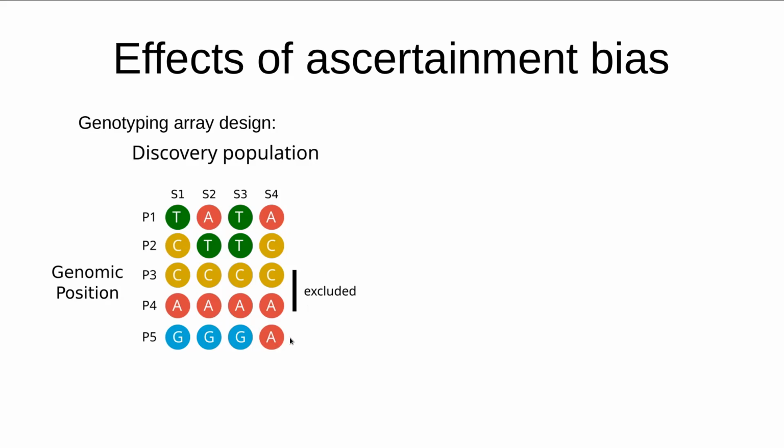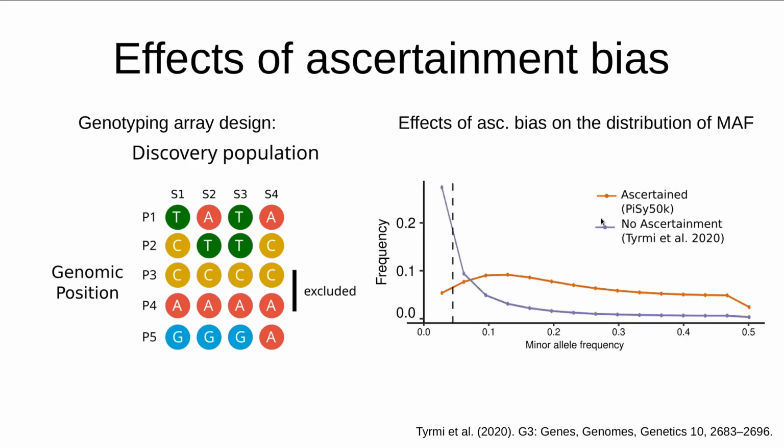So this pre-selection of genetic markers leads to an ascertainment bias, which leads to a distortion of the distribution of allele frequency. So here is an example. You can see the distribution of allele frequencies obtained from samples of Scots pine in Finland.